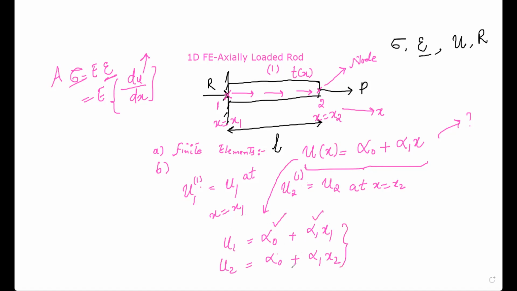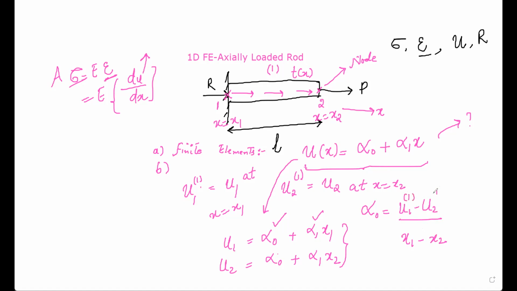As we solve these two equations, we obtain the value of alpha naught, which is equal to u1 minus u2 divided by x1 minus x2, and this is for element 1.